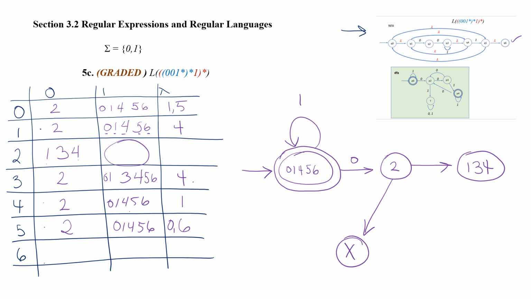So 1, 3, 4. From 1, 3, 4 with a 0, I go back here. And from 1, 3, 4 with a 1, I go to this new state, which is 0, 1, 3, 4, 5, 6.